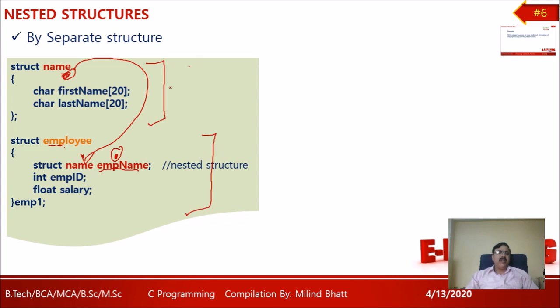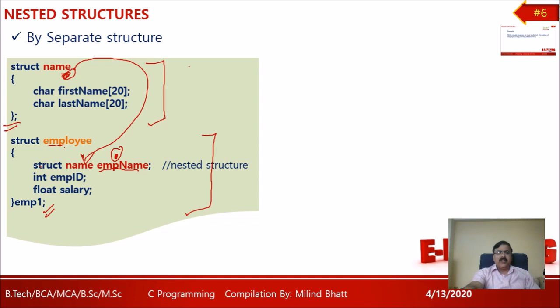Both are individually defined, but inside the second one I have created a member of the first one. See, it has been closed over here and another structure starts over here and it ends at this particular point, and the first variable of my structure employee is emp1. Please remember it. In future we will use this employee 1 to discuss further elements.